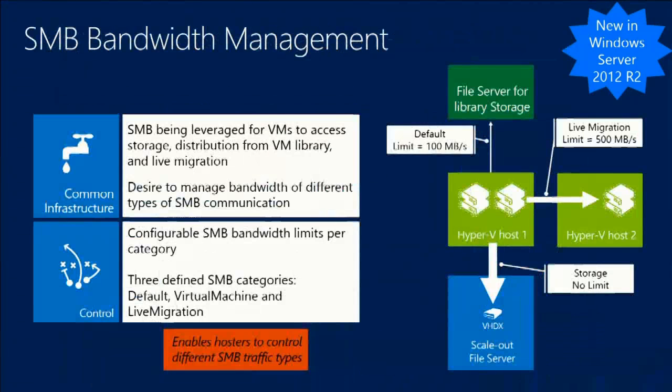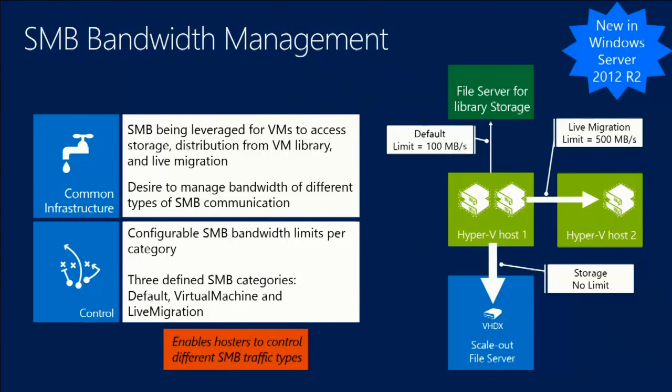With all these different types of traffic using SMB, you have cluster traffic using SMB, Hyper-V over SMB, live migration over SMB. We delivered a new capability called bandwidth limits, also called bandwidth management. So we can now say, okay, for live migration, I don't want to use much more than this much bandwidth.